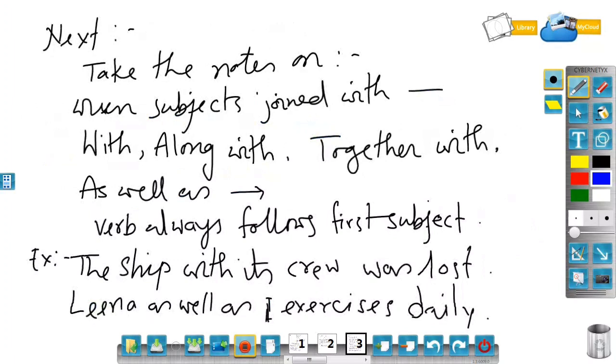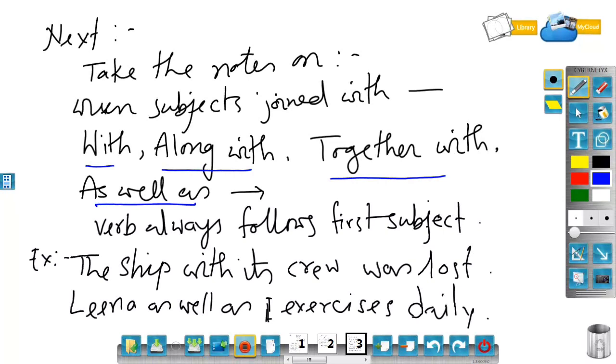Next, take the notes on this. I have given you some information on when the subject is singular and when it is plural, and their verbs. When a subject is joined with with, along with, together with, as well as, the verb always follows the first subject.